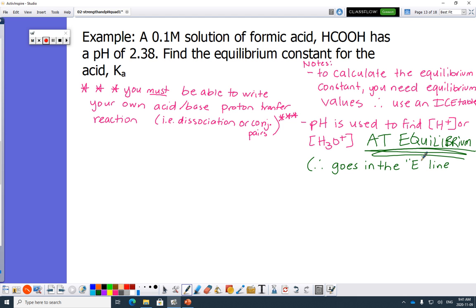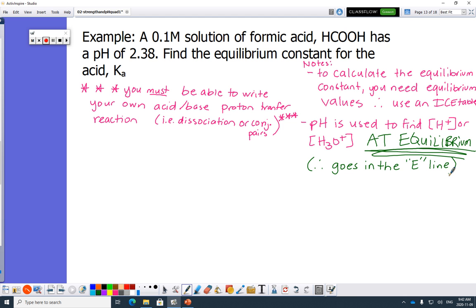Okay, so the pH is going to be used to find the hydrogen ion concentration that goes in the equilibrium line. So we're really going to do two questions, one of them where you're given pH and one of them where you're not.